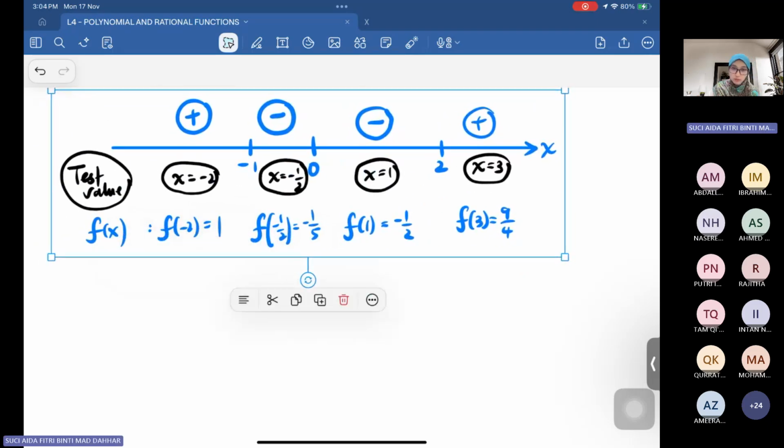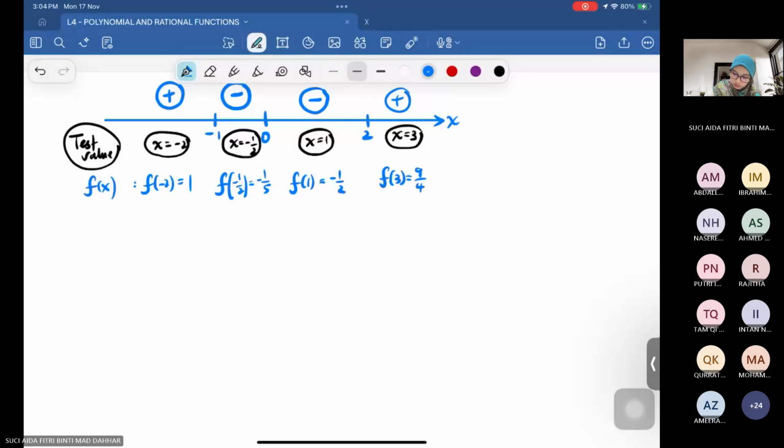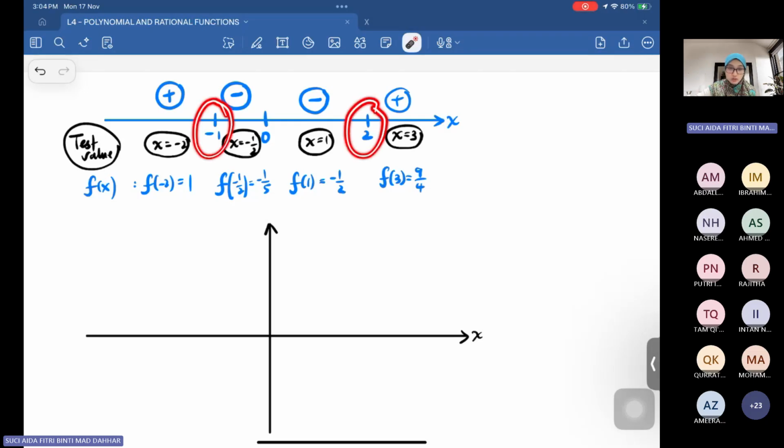Okay, so with this information, I can now start sketching the graph. Okay, this is my x-axis. My y-axis is when x is 0. And then remember, we are supposed to have vertical asymptotes at -1 and at +2, right?